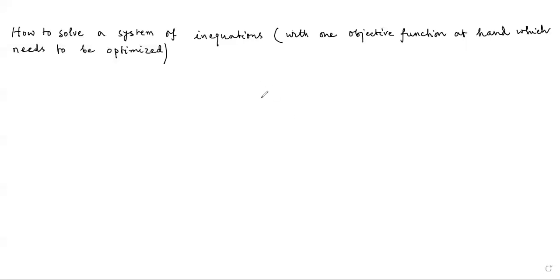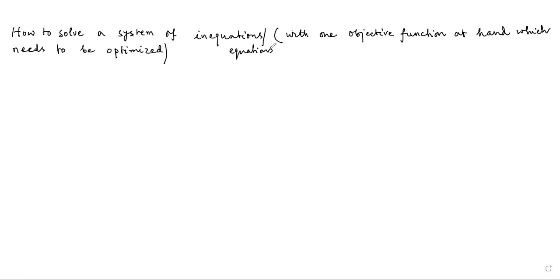So I'm going to talk about how to solve a system of inequations, or rather I must say a combination of a system of inequations and equations also. So the system can have equations also in it.